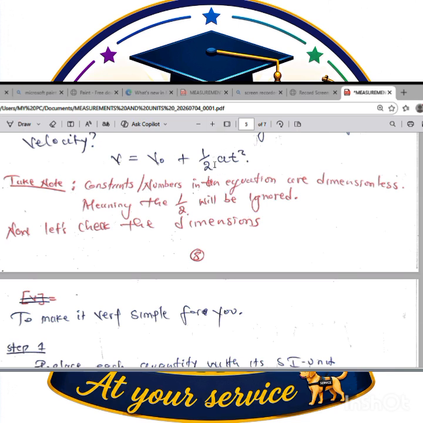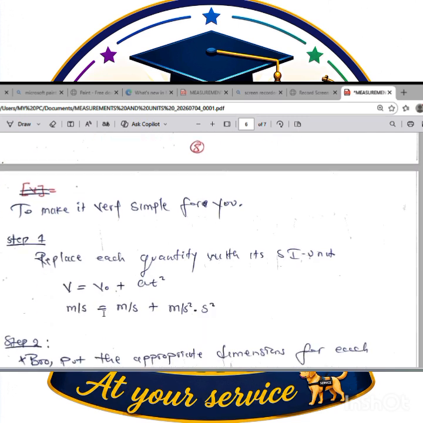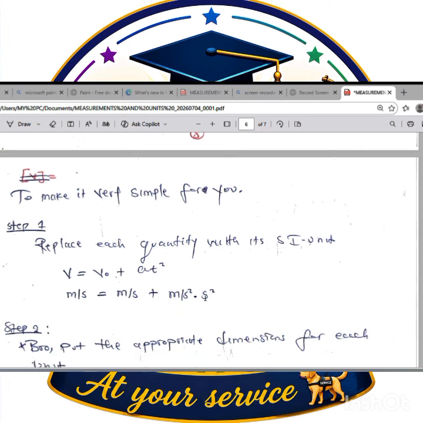Then the unit of acceleration is meters per second squared. We also have the unit for time, which is seconds, and this time is squared, so we have seconds squared. So here it is. The SI unit for velocity is meters per second, V naught as well meters per second, plus meters per second squared multiplied by second squared. We all know where this second squared is coming from.